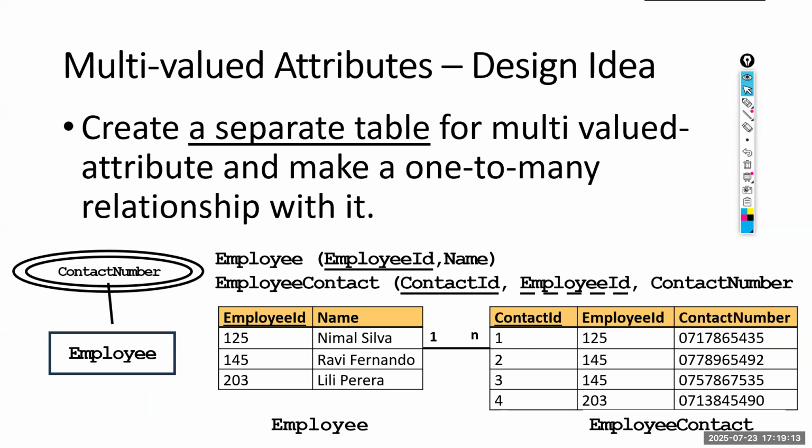Right. What happens if you have a multi-valued attribute like contact numbers, say your language skills? Maybe you know English, Tamil, and Sinhala, all three. You have more than one contact number. Sometimes you use Mobitel, sometimes you use your Dialog number.